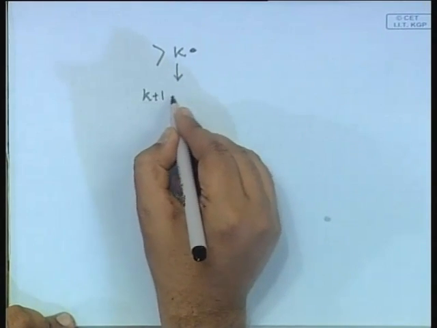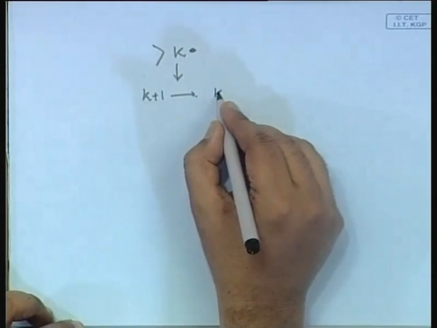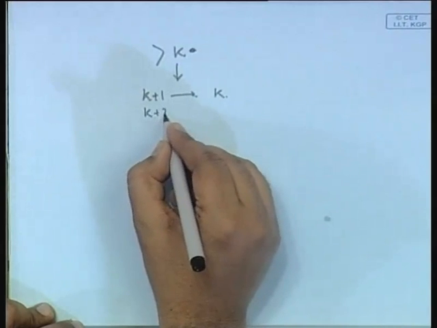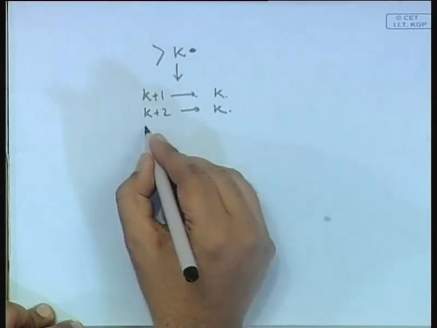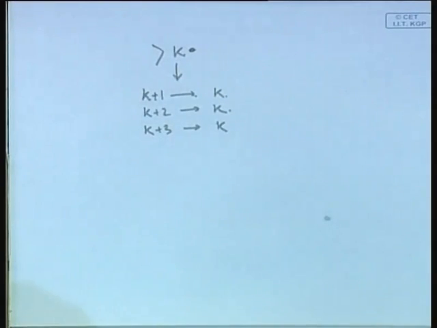Say I have a node, and I remove one of its neighbors; the node itself is not removed, but in essence its degree is getting less. Suppose I have degree k plus 1, and one of my neighbors is removed, then I become degree k. If two of my neighbors are removed, I can also become degree k. If three of my neighbors are removed, then also I can become degree k.